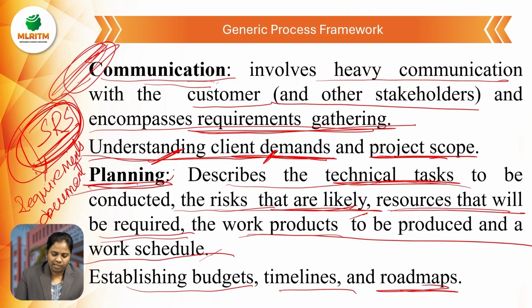Everything is done in this planning phase. Based on the communication between the customer and the organization, the outcome is the requirements documentation, the SRS document, in which all the requirements are listed appropriately.